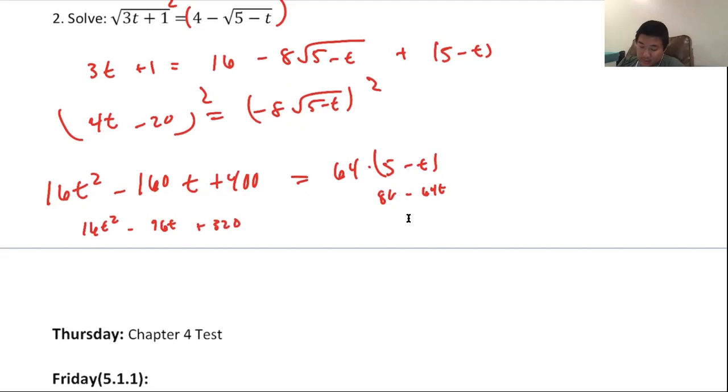So this is t squared minus 6t plus 20. One more twice the 20, but adds to 6.